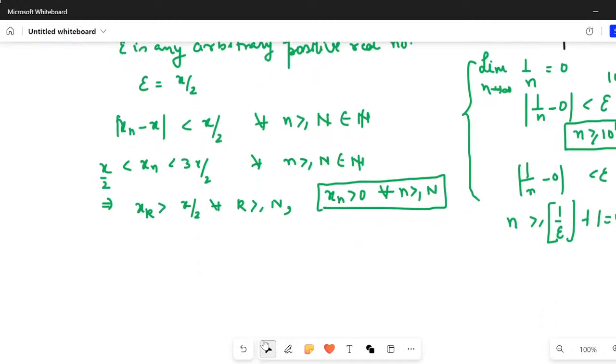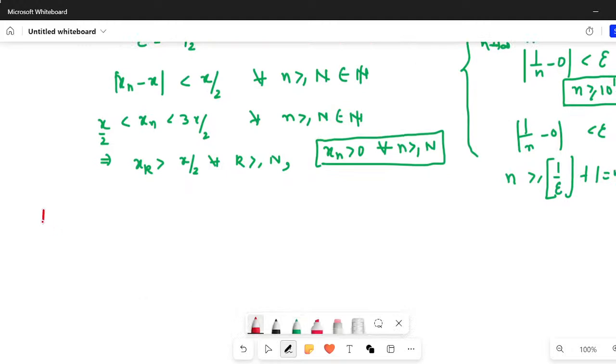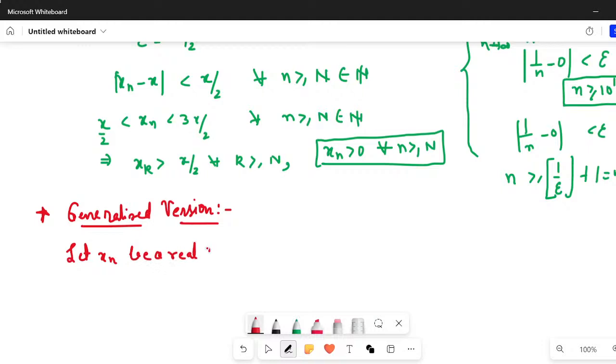So if I want to generalize this statement, a generalized version of this particular statement would be: let xn be a real sequence such that xn converges to x. Assume that x is non-zero.